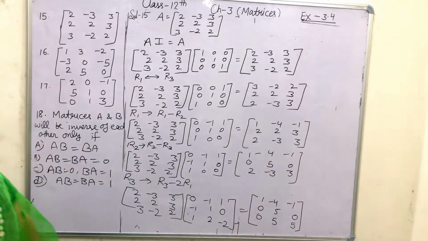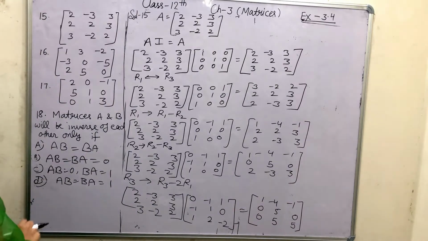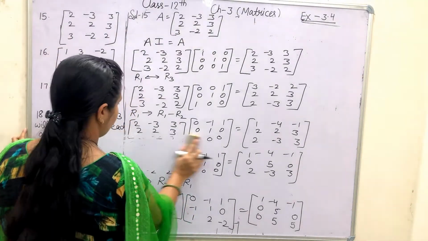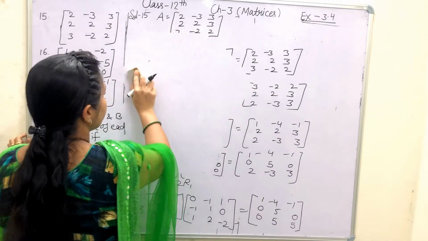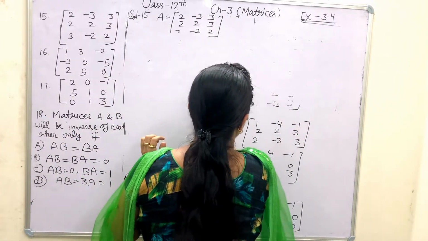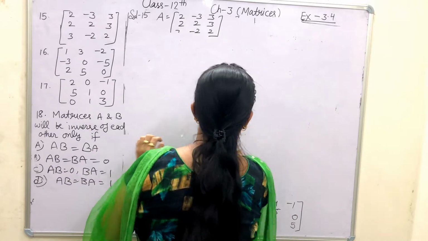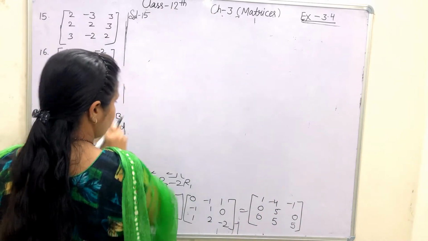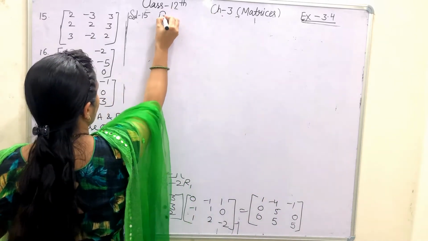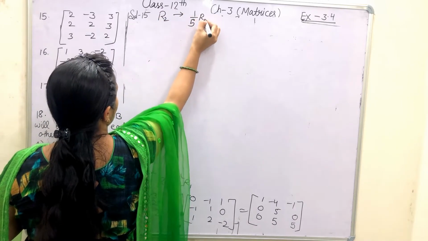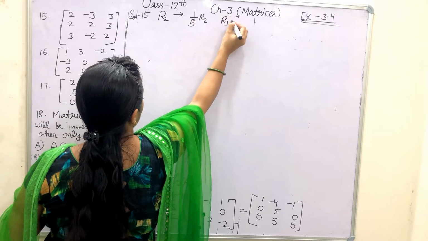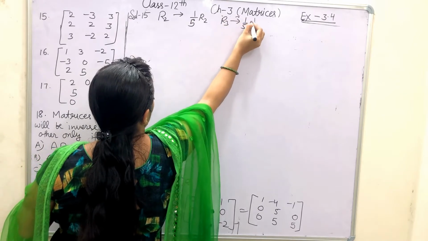Now we take 5 from R2, or we can say we will divide our R2 by 5. We get R2, applying on R2 1 by 5 R2 and on R3 also applying 1 by 5 R3.